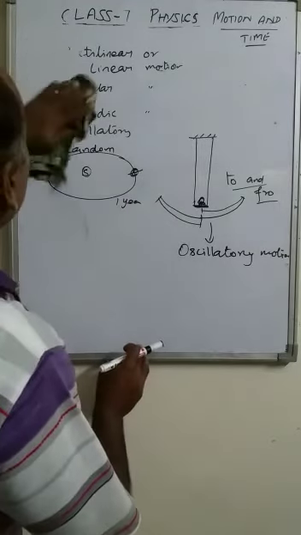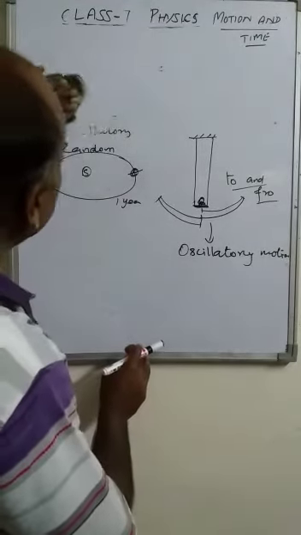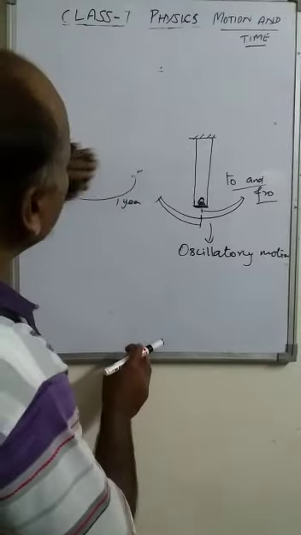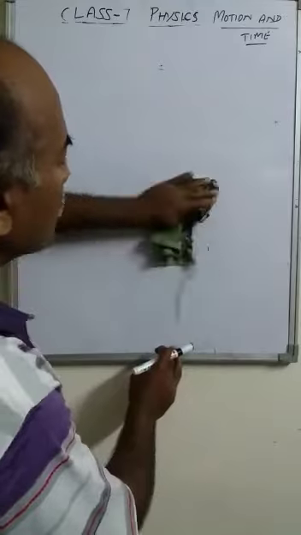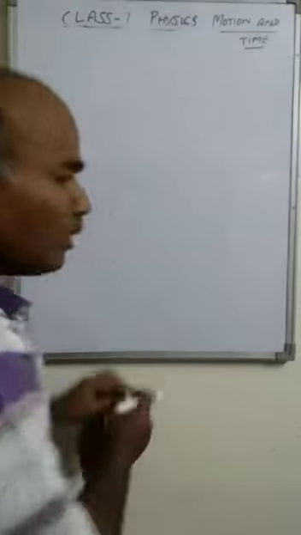Next we move on to the motion of any object. If anything is moving, what are we measuring from the motion of an object?